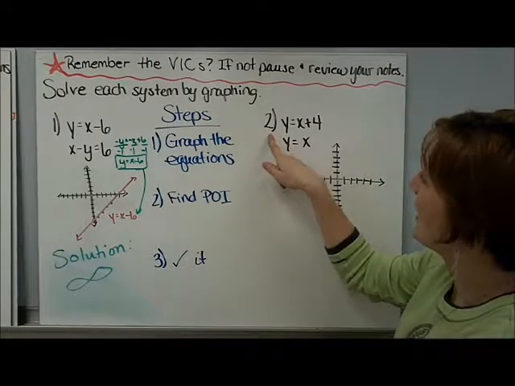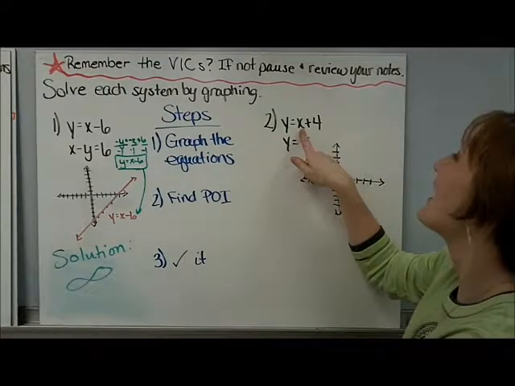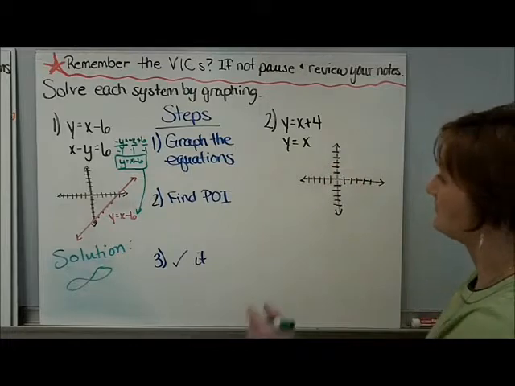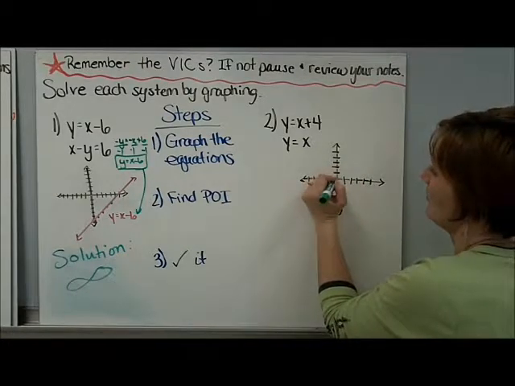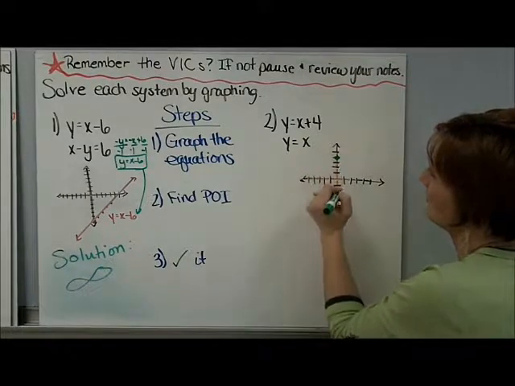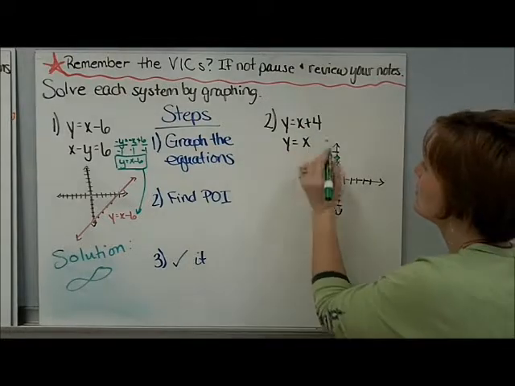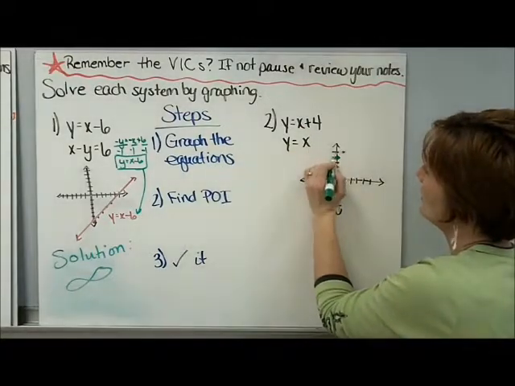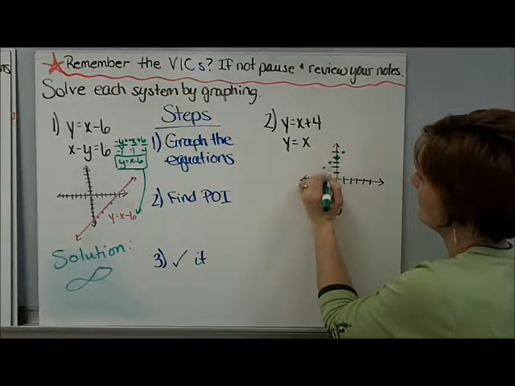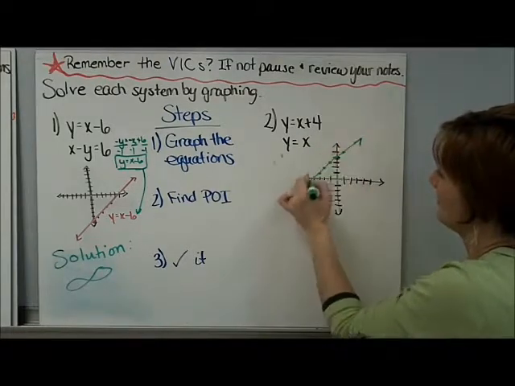Over here, we have y equals x plus 4 and y equals x. Looking at these, I'll quickly graph them. We'll go up 1, 2, 3, 4. My slope on this one is 1 over 1. So if I go up 1 over 1, I can also back it up this way, and graph that.